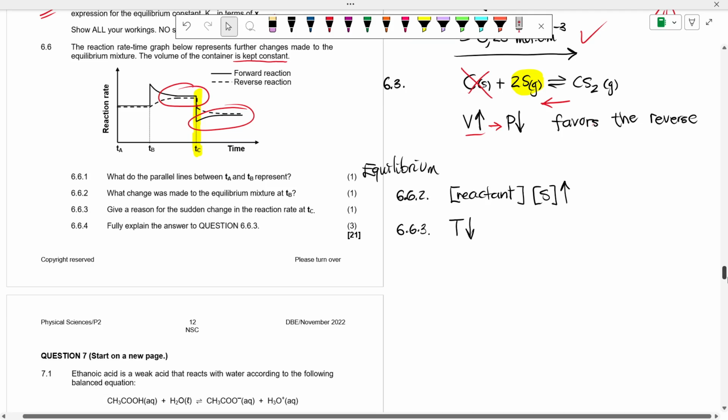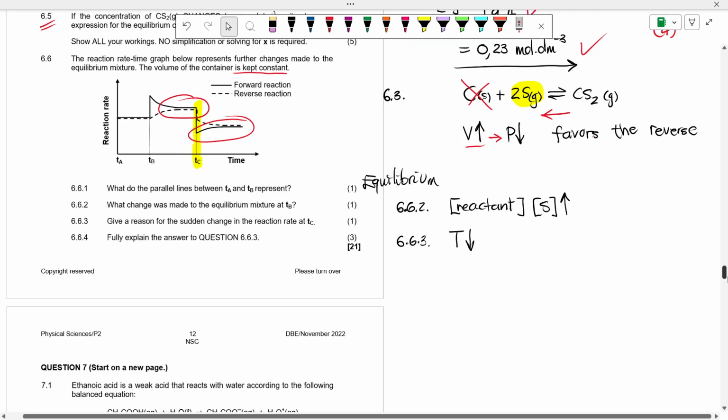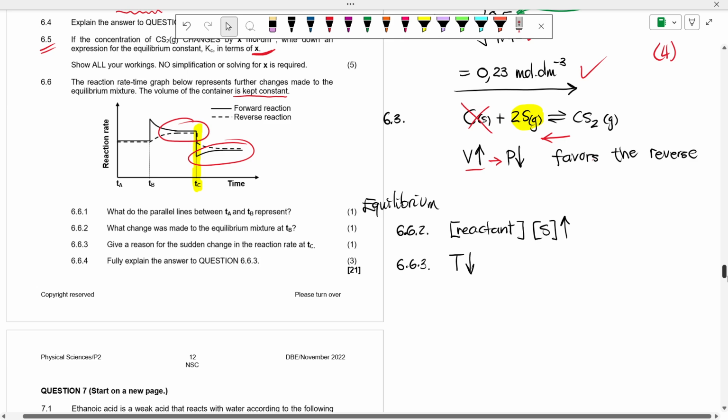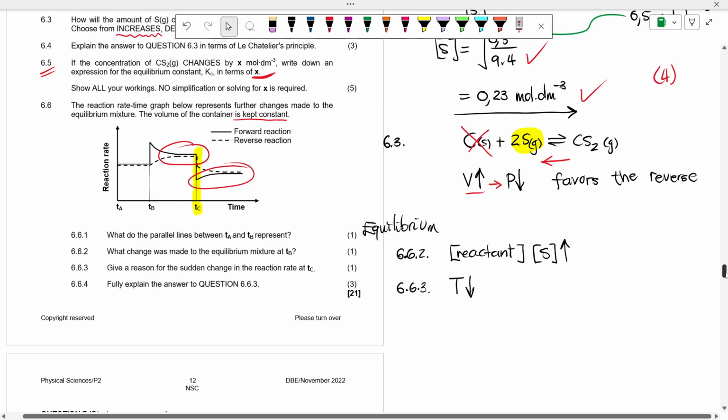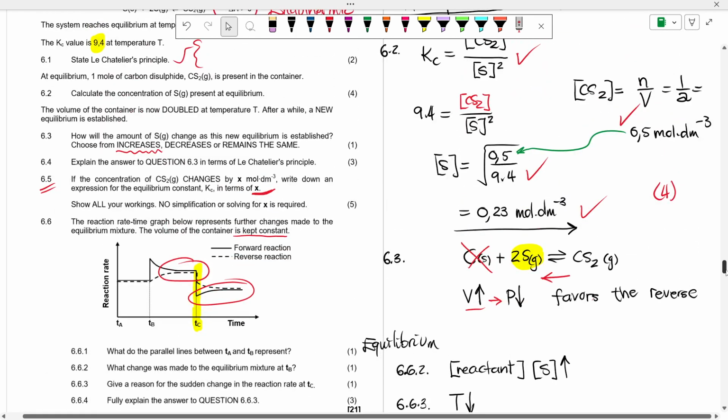This wasn't a tough one. Yeah, this one was straightforward. If I get it on Monday, we should get similar ones, like easy, basic stuff. And the Kc table will have like two things because the solid again doesn't go in, so it seems like it's going to be a little bit easy.